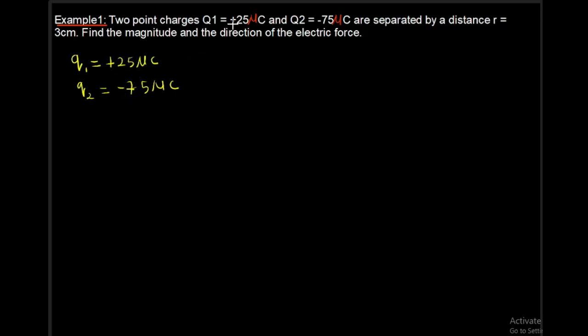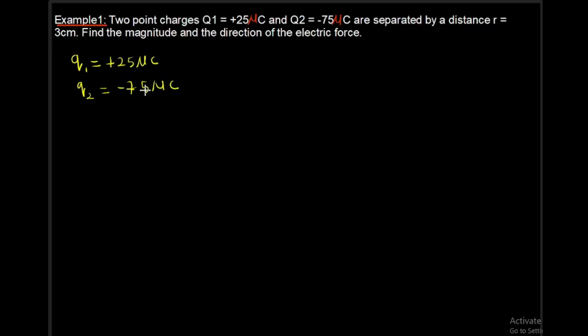We have a positive charge and a negative charge, so the force between them will be a force of attraction. If you have positive and negative charge, it's a force of attraction, they are moving towards each other. If it's positive, positive, it's a force of repulsion, they are moving away from each other.